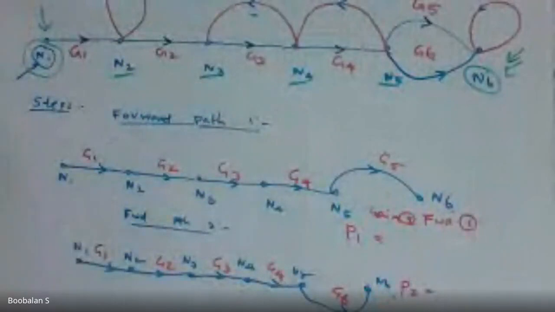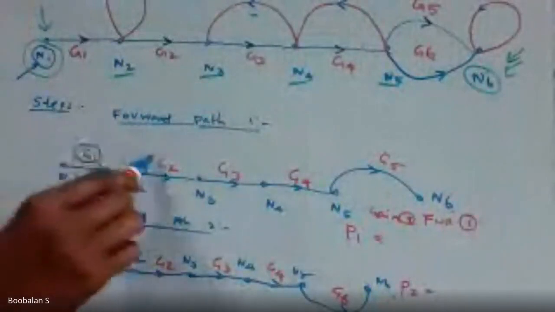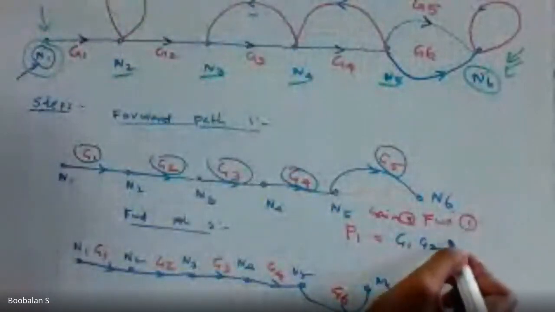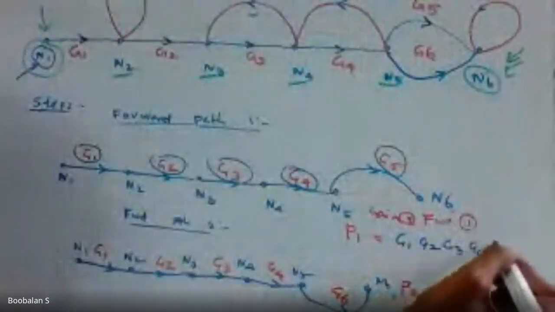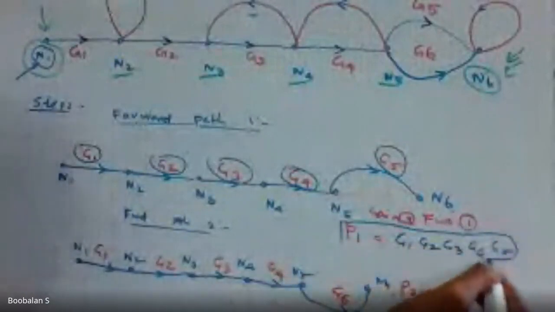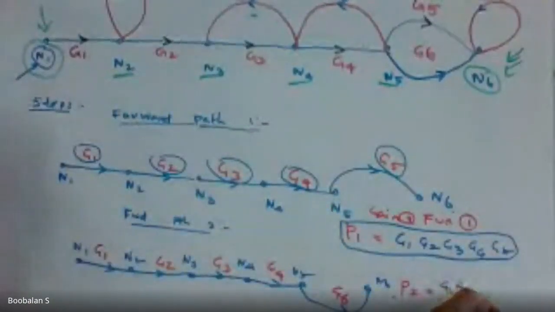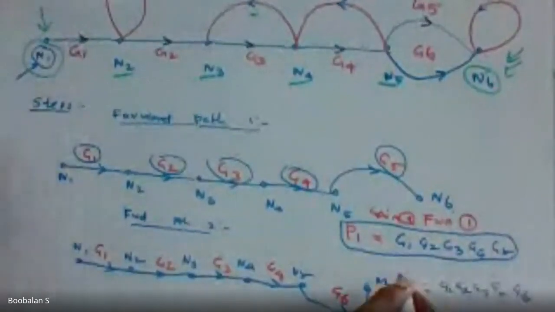You simply multiply all the gain values in this path, all the G's, simply multiplication. G1, G2, G3, G4, G5, that's the answer. For this itself you will get 2 marks. The same way in forward path 2, G1 into G2 into G3 into G4 into G6.